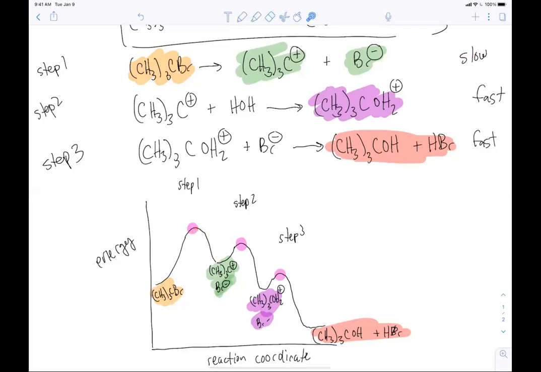And so that's the relationship between slow and fast on this diagram, is just that the higher the little mountain is that you have to get over, so the higher in energy the transition state is, or the higher the activation energy is, the slower the step is. So if you're looking at a reaction coordinate diagram like this, and you're not told which is slow and fast, to get back to somebody else's question earlier, and you're asking which of these steps is going to be the fastest or the slowest, it's the one that's got the highest activation energy that's going to be the slowest.